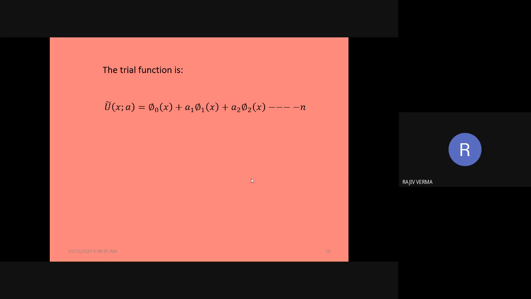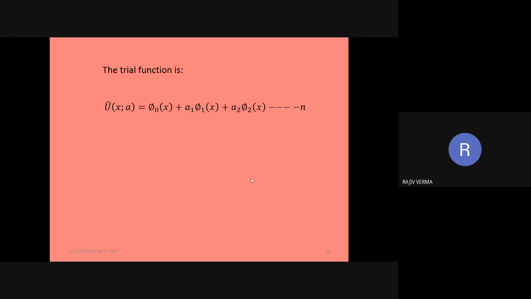These are some polynomials of x. We are going to see in the future classes what polynomials are going to be taken. And there are some unknown terms also, which are represented by a1 and a2, and so on.